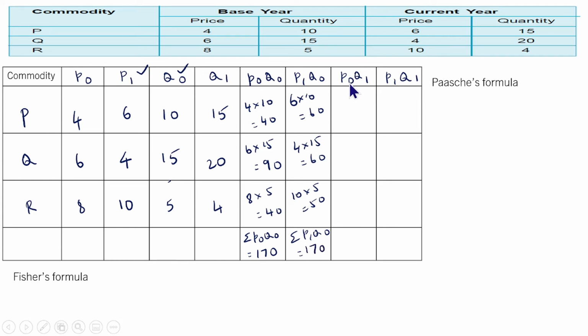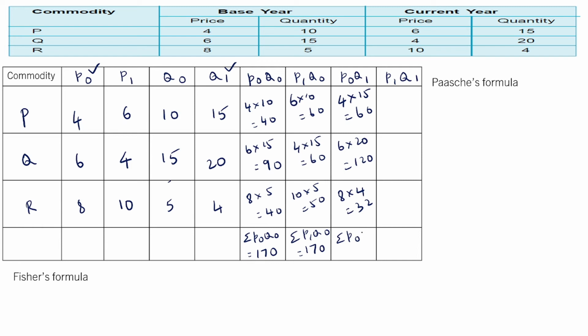Now we have P naught Q1. It is the product of entries in these two columns, P naught Q1. So it is 4 into 15, which is 60, then 6 into 20, which is 120, then 8 into 4, which is 32.